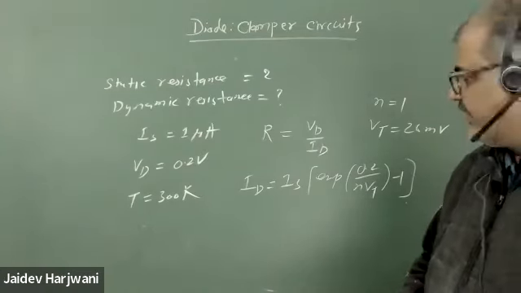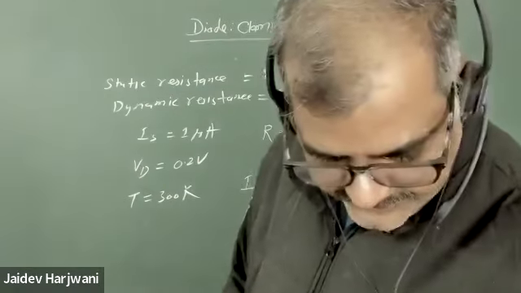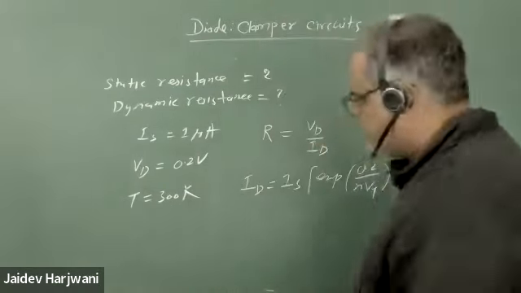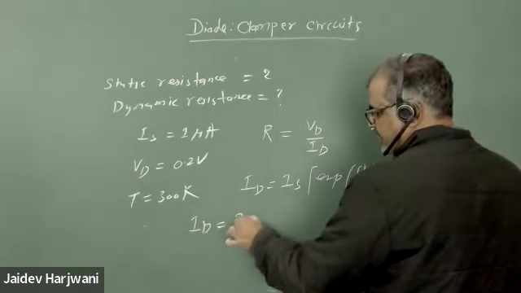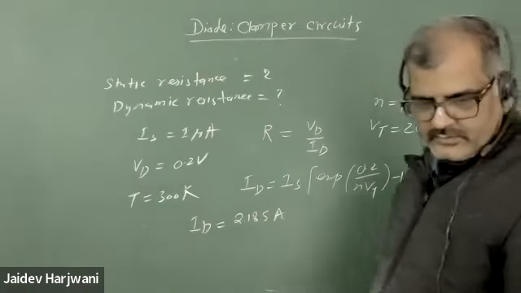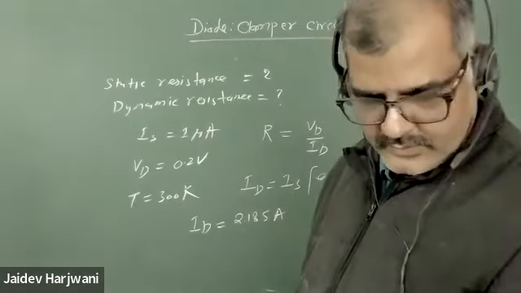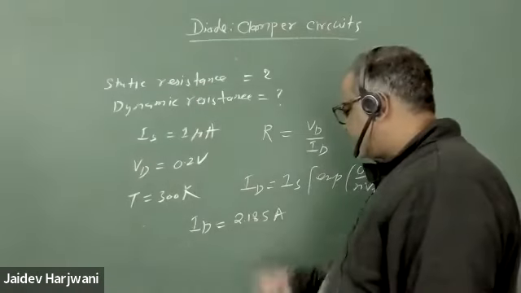So I'm writing the value of ID. ID value is coming 2.185 ampere. Sir, the value of R comes to 91. How much is this coming? 2.19 is correct.